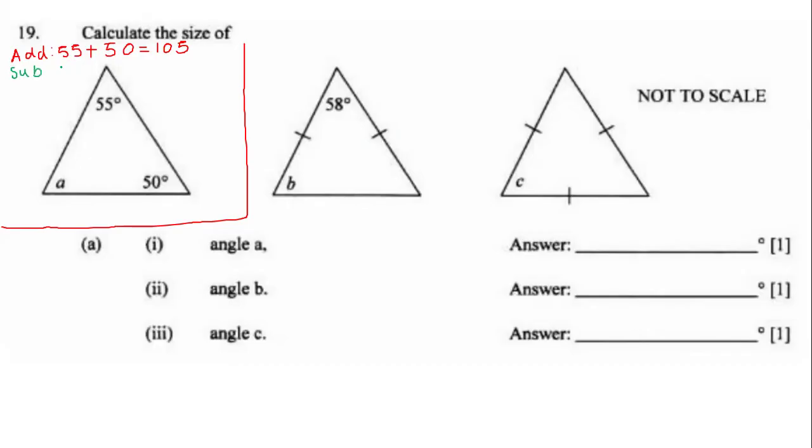What are we gonna subtract? 180 minus 105. And what is 180 minus 105? That gives us 75 degrees. Anyone else get 75 degrees? Yes, sir. Very good for those who got it. A is equal to 75 degrees.